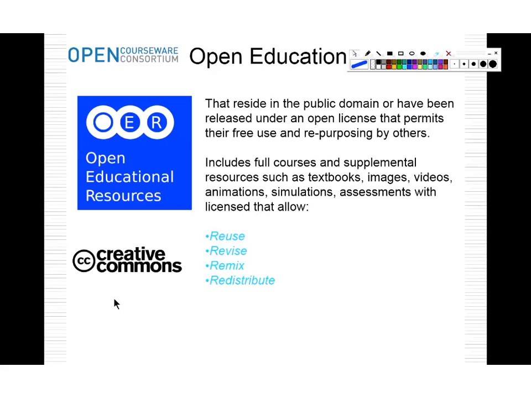So you can contextualize them for your students. So you could take something from MIT if you wanted to, but your students may not be prepared for that level of work. You might be contextualizing for language or technical knowledge, and that's what an open license promises, the ability to revise materials and freely redistribute them.